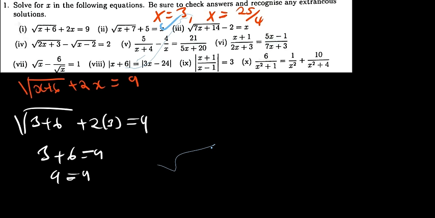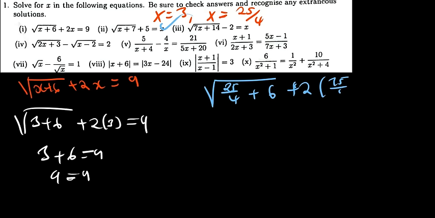Now I need to go ahead and also prove the second one. So we'll plug in the values here. You have got the square root of 25 over 4 plus 6, then plus 2 times 25 over 4 is equal to 9. Is this true? Let's see.